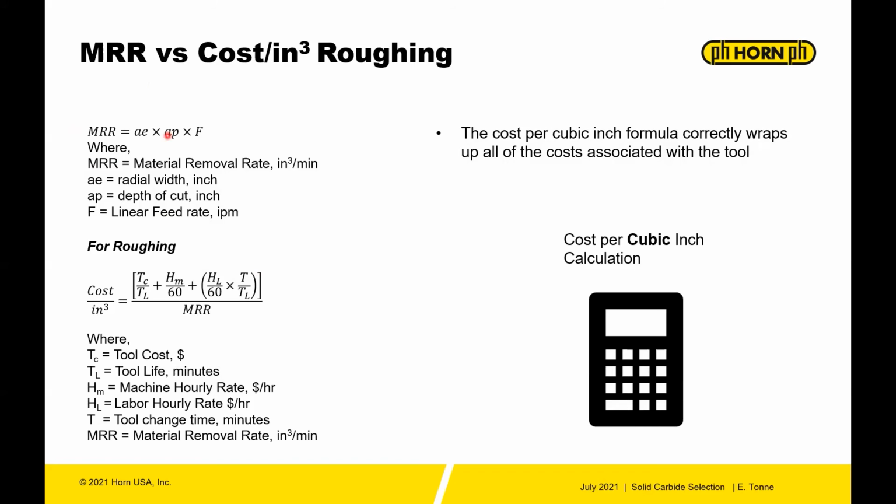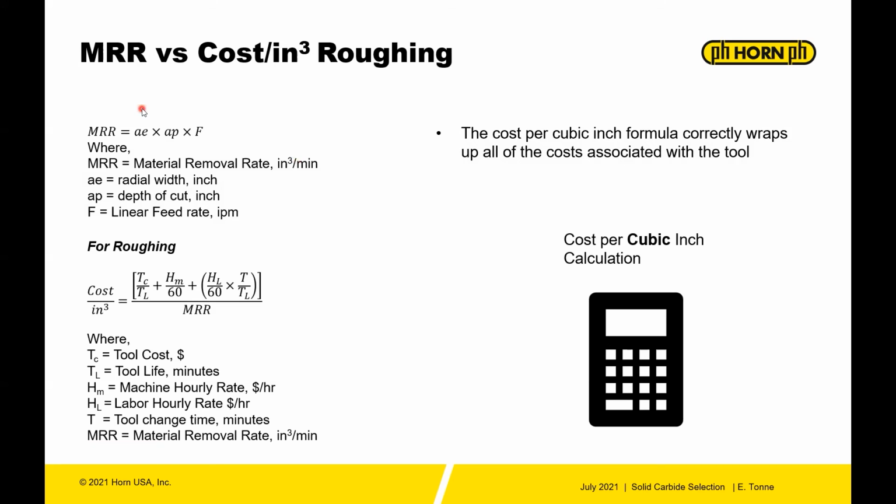If you figure out the cost per cubic inch, you can compare several different options, from putting more flutes on a tool to using a higher value for roughing on a tool.